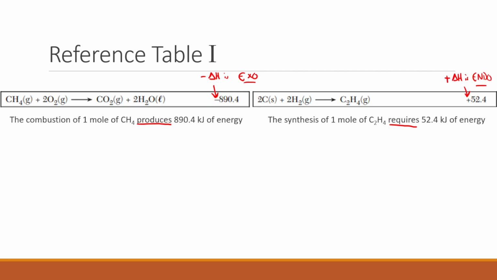And what do we know about exothermic reactions? We know that exothermic reactions release or produce or create energy. And so as long as we have a word here that signifies production or release or creation of energy, we don't need that sign. The sign tells us exothermic. This word tells us exothermic.